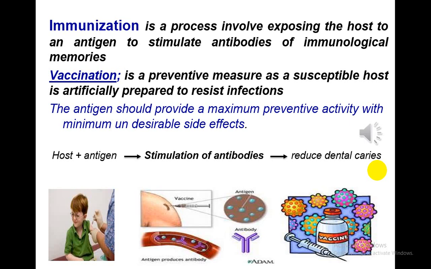So in preparing a vaccine against dental caries, the host is exposed to an antigen taken from cariogenic bacteria. It will lead to stimulation of antibodies, thus reducing dental caries by elimination of cariogenic bacteria.